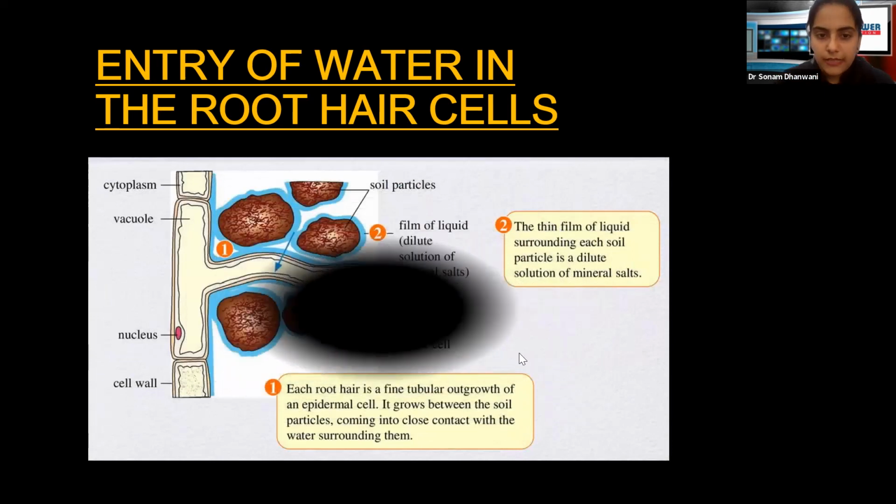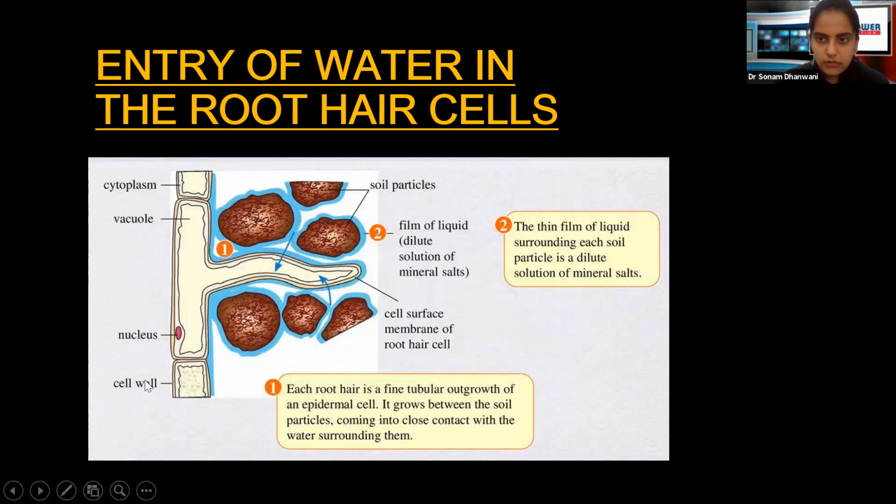Okay, so let's see. Now see, this is the structure of the root hair. All these brown things that you see around the root hair are going to be the soil particles. This part is the vacuole, and this is the root hair, meaning this is the vacuole of the root hair. On the side is the cell wall of the root hair and inside is the cytoplasm, roughly as usual. Whatever else you see around is the liquid or water.